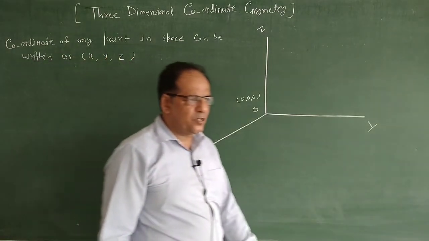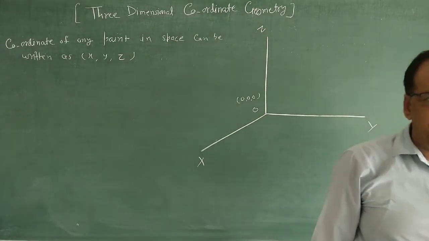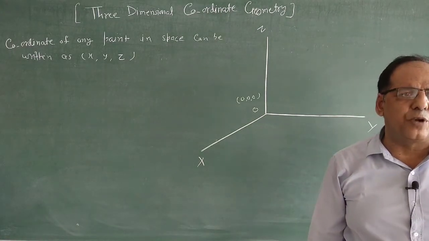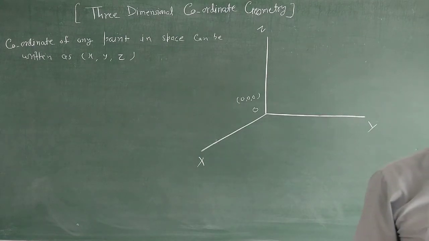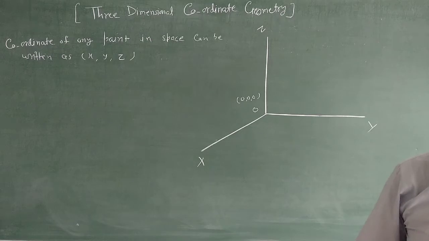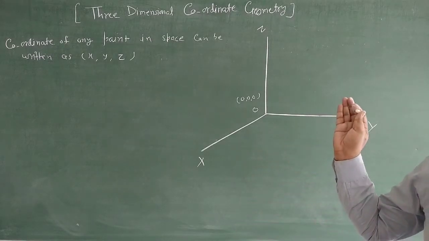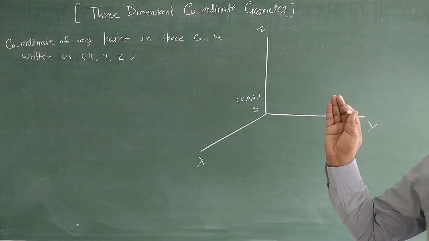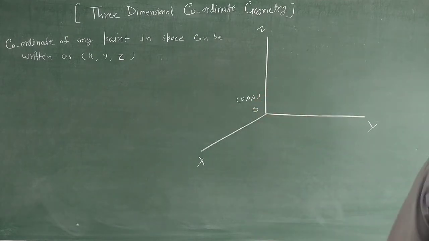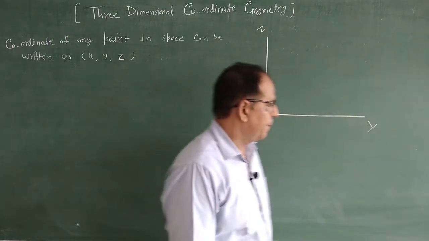This way of writing is called triplet form. Just like when we use coordinate geometry in two dimensions, the coordinates are written in ordered pair form, similarly in coordinate geometry in three dimensions, the coordinates of any point are written as x, y, z, and this way of writing is called triplet form.